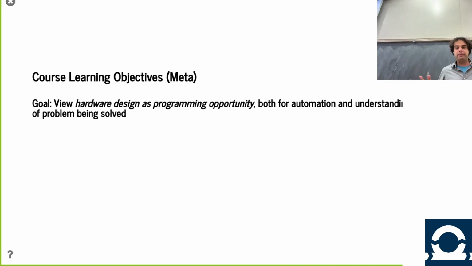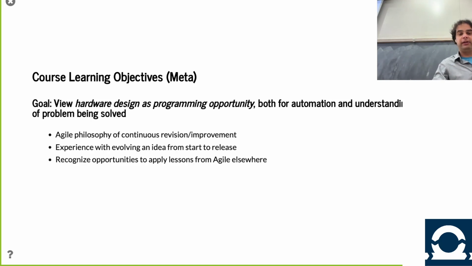The more abstract meta skill is really viewing hardware as an opportunity to bring programming in. So rather than just this waterfall approach of I'm going to give it a spec, I'm going to write Verilog that matches the spec, take a much more expansive view of the hardware design process and understand how I can build a much more efficient system and have this more agile, adaptive approach, right?